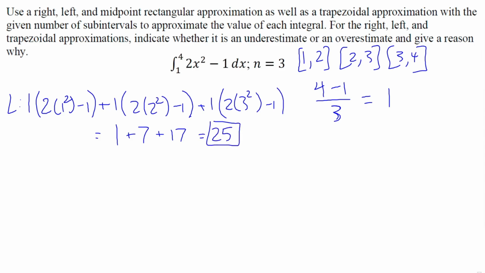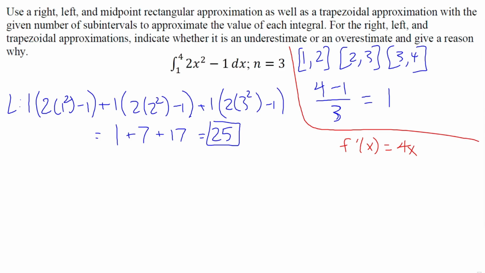And then we need to determine if that's an under or an overestimate here. And so the way we'll do that is by determining if the function is increasing or decreasing. So we can do that by finding the derivative of our function. So f prime of x is equal to 4x.